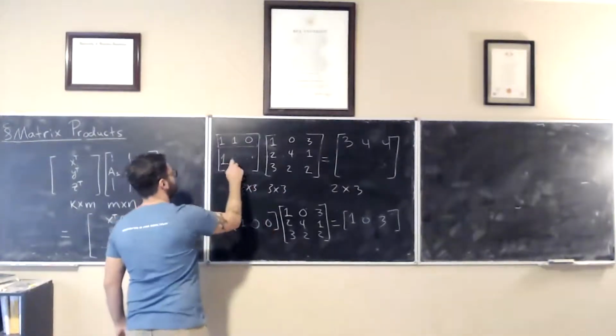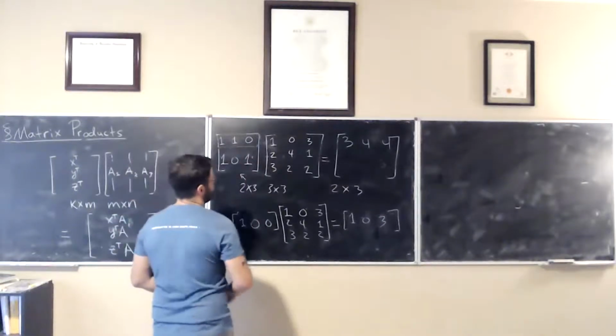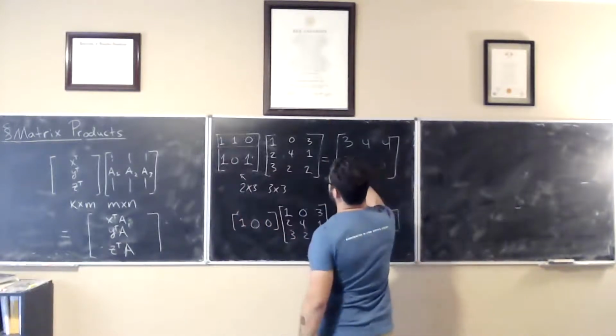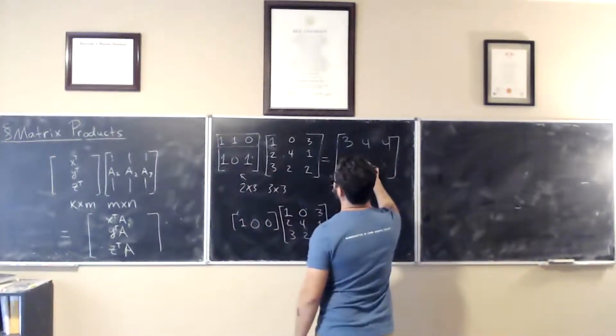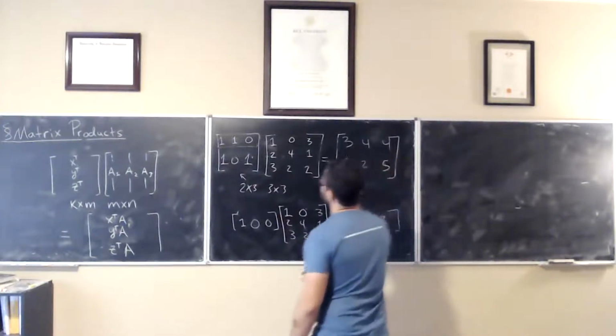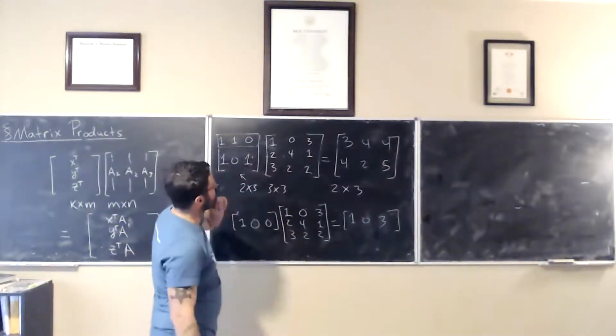Exactly. So if I did that 1, 0, 1, it would be 4, 2, and 5, right? 1 of that row and 1 of that row, add them together.